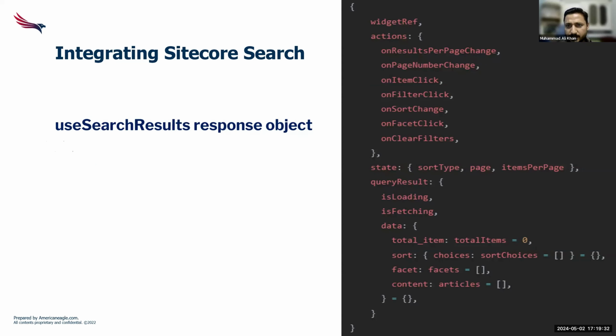It has a generic response where we have a couple of actions, like onFacetClick, onClearFilters. All of the data, facets, sort, content, everything is returned in one single call, and these results can be used in our React UI components.